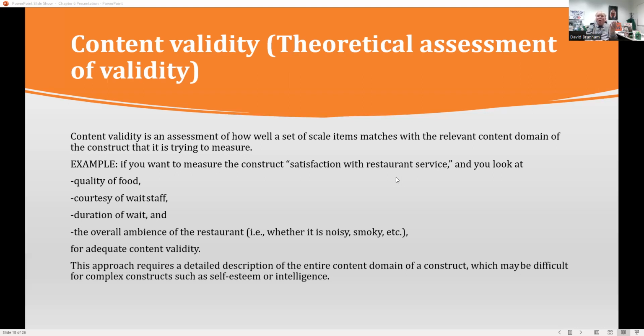An example, if you want to measure the construct satisfaction with restaurant service, you might look at the quality of food, the courtesy of the wait staff, duration of the wait before getting your food, or the overall ambiance of the restaurant. This content validity would assume that these would be correlated. My issue is that sometimes they're not correlated. Sometimes the quality of the food is fantastic. The wait staff isn't.